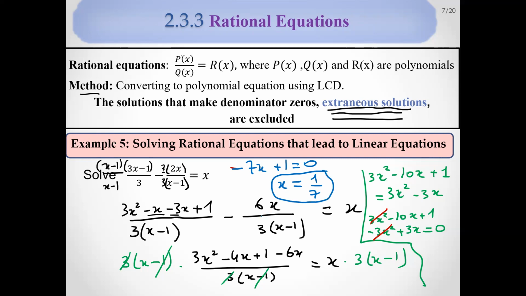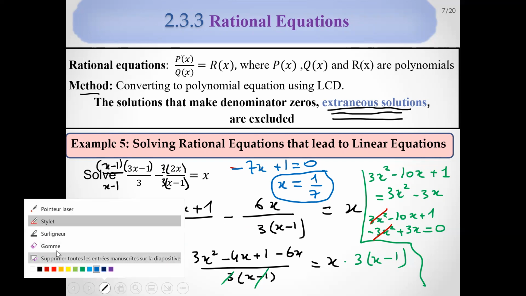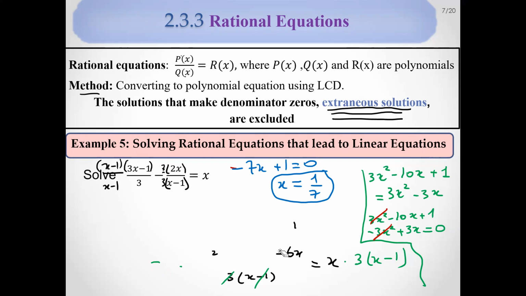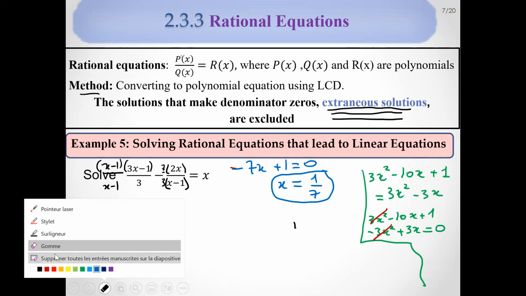So we have one candidate, but we are not done. We must here check the solution. So check the solution obtained. It's still a candidate. It's not the solution of our equation. So how to check the solution?